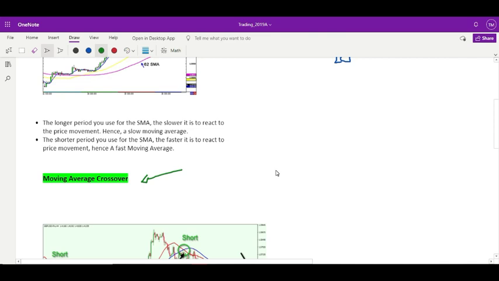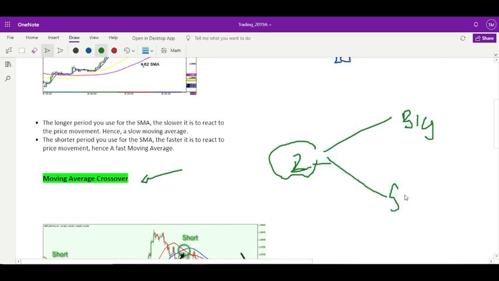You need to understand something here. What you are doing is using two moving averages. That's one of the most important things. The one will be a bigger moving average, and the other one will be a smaller moving average.